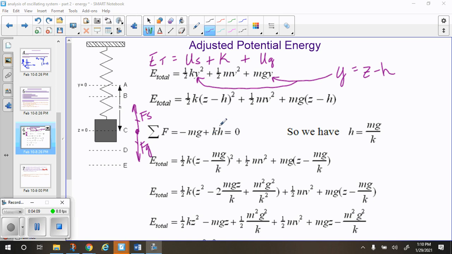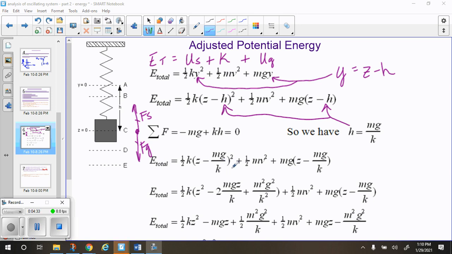This is Hooke's law: k times the amount that the spring is stretched, which in this case we call h, is equal to 0. So when we isolate h here, we have h equals mg over k. We can plug that into here and into here, and we get this equation for total energy.